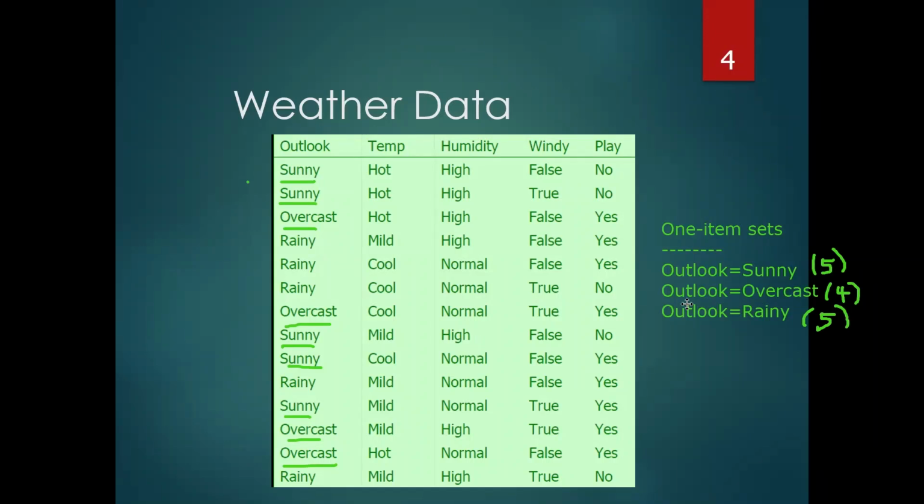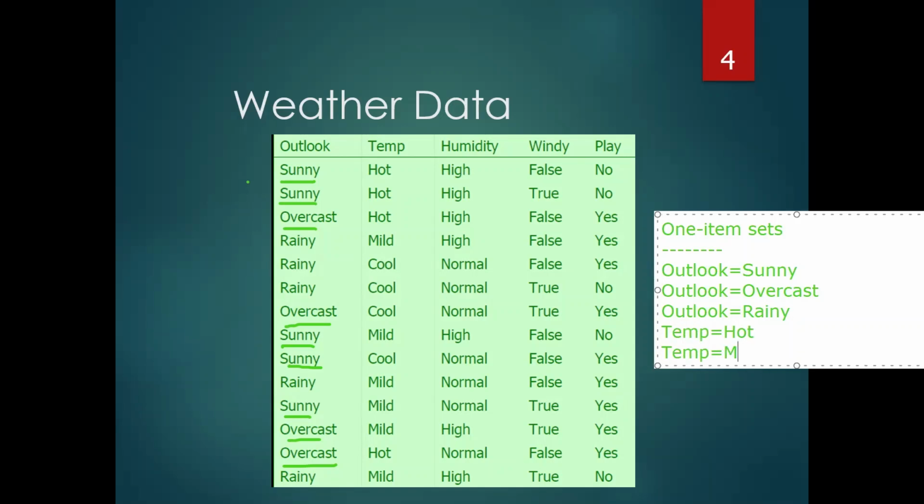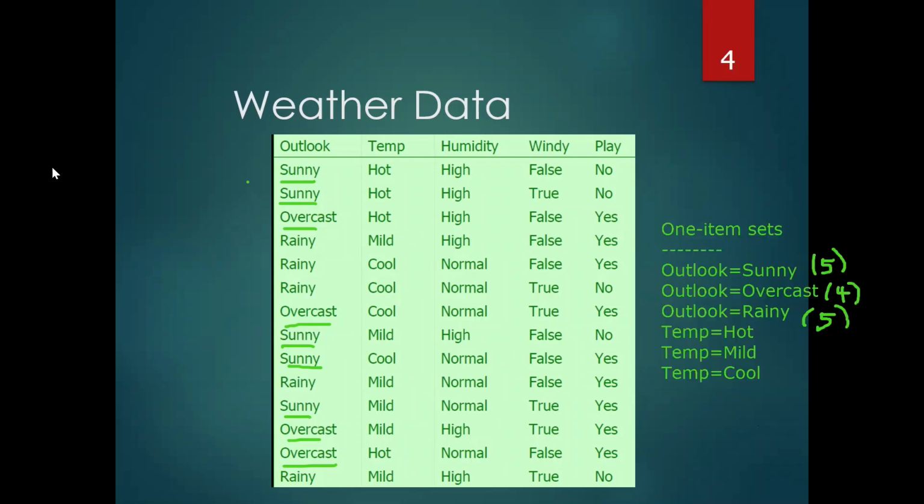Now, similar to this, if you keep on doing this, you can look at other values as well. For example, temperature is hot, temperature is mild, temperature is cool. So let's check how many times it appears. Hot 1, 2, 3, and 4. We have 4 instances.